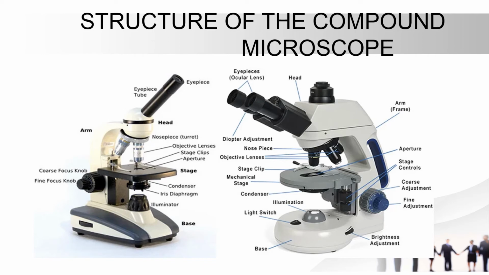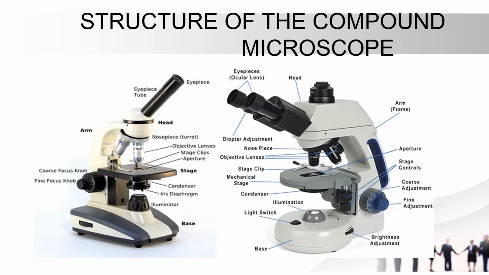So a compound microscope is what we have here with the system of lenses. You have the objective lens, the aperture, the stage, the iris diaphragm, the condenser, the coarse focus knob, and the rest. So these are the parts of the compound microscope.